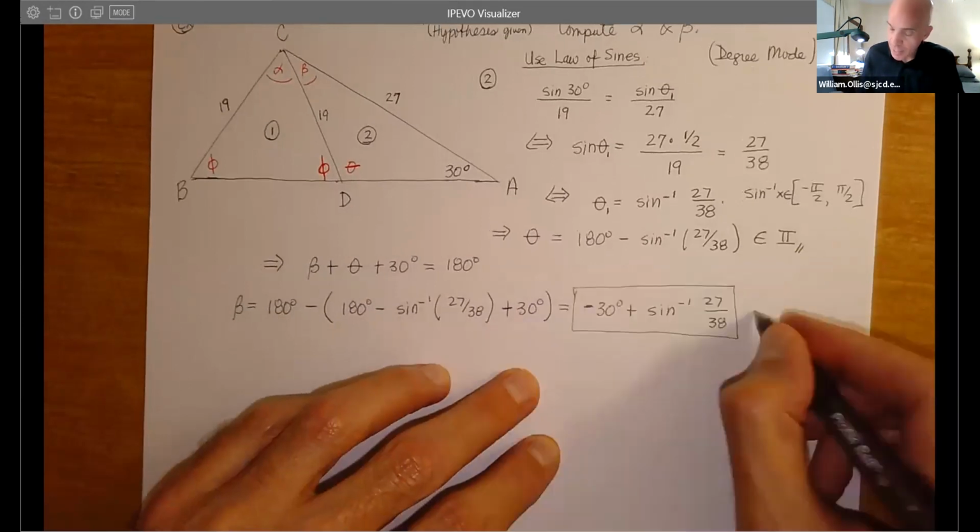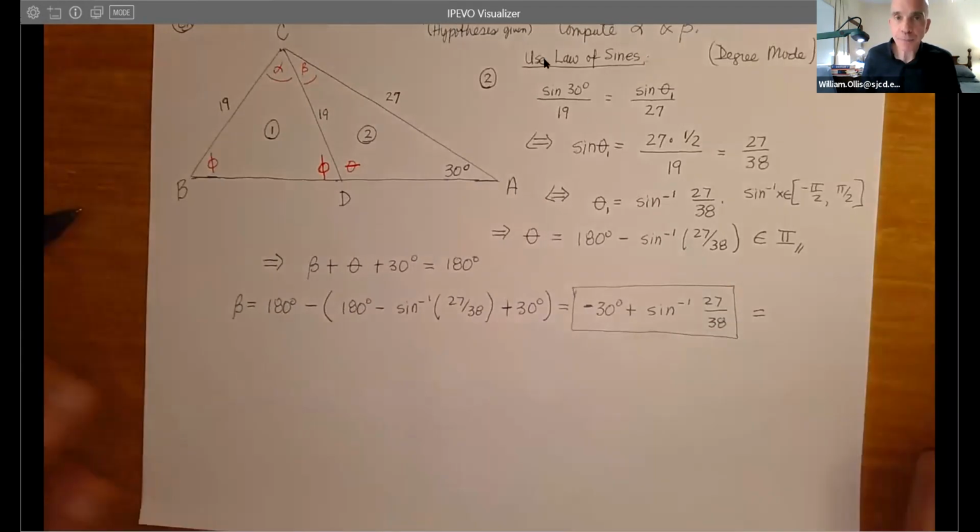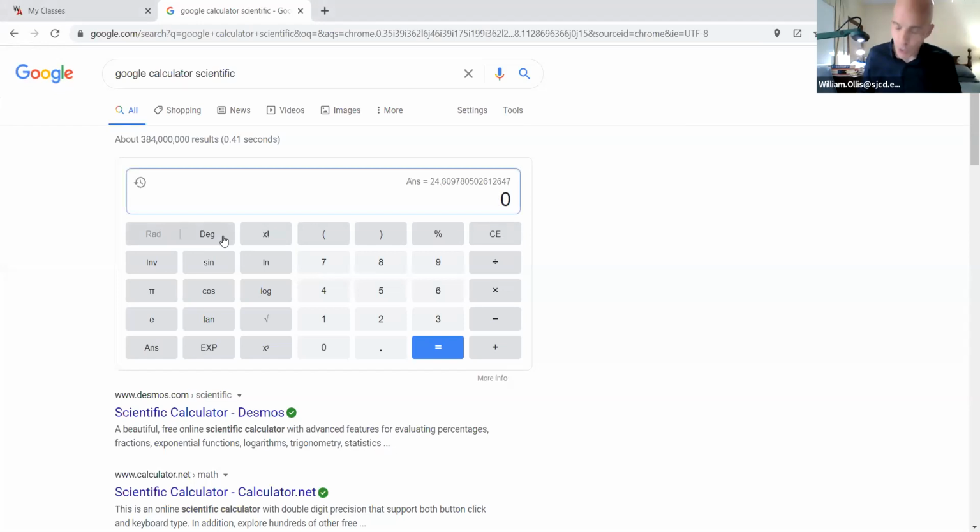So now let's see what this is using our degree mode. So now, Google Calculator. So again, DEG for degree mode. So we have negative 30 degrees plus inverse sine of 27 divided by 38, not degrees, 27 divided by 38, but let me clear that out.